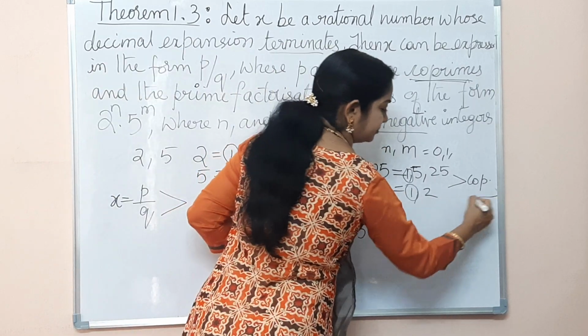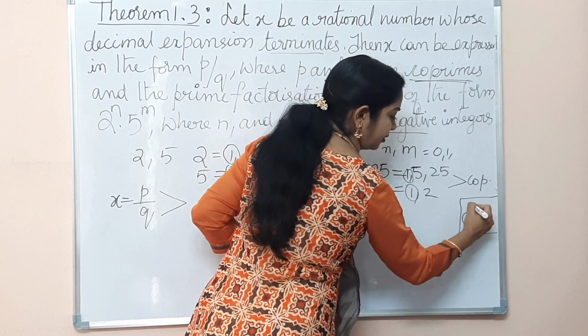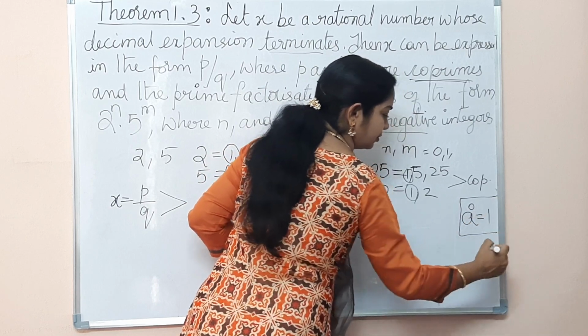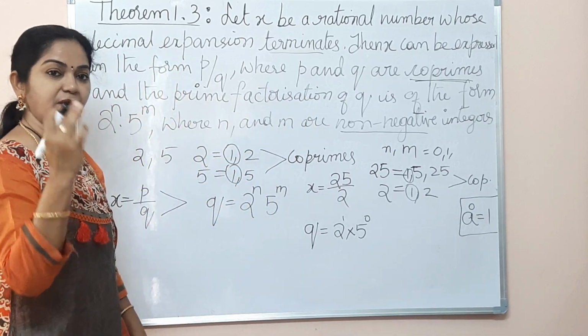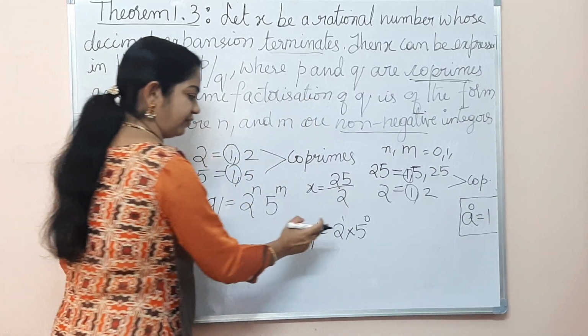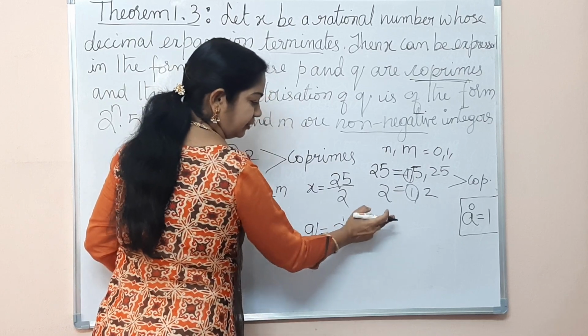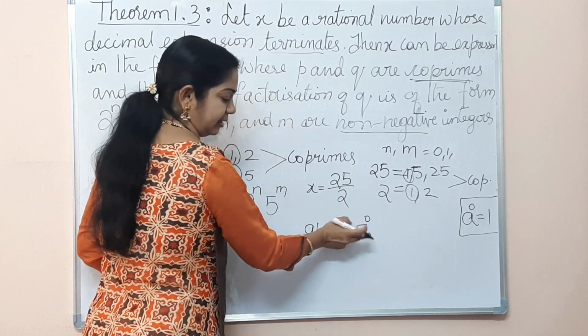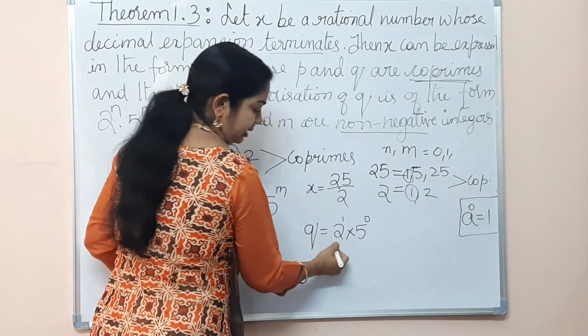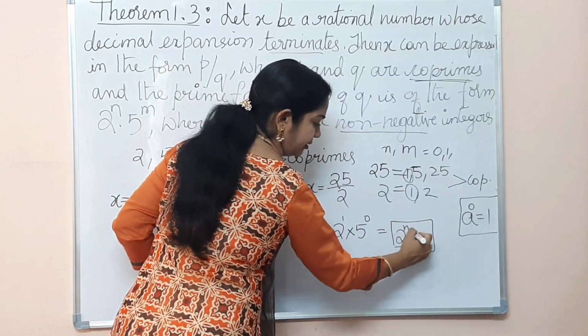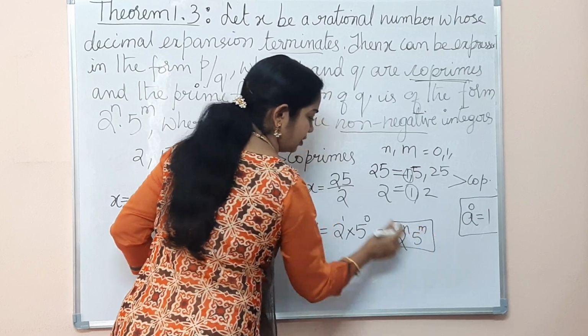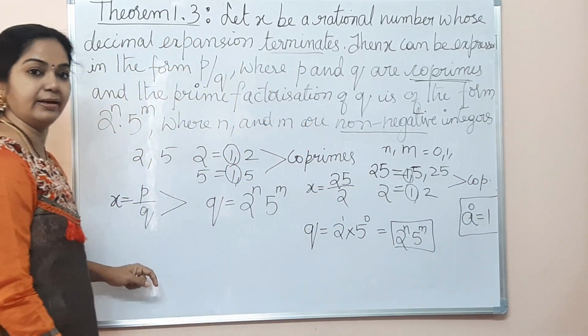We know that 100 to the power of 0, any number raised to the power of 0, the value becomes 1. So multiplying by 5 to the power of 0 means I am multiplying by 1. That itself is 2, so it is in the form of 2 to the power of n, 5 to the power of m. So all the conditions are applied here.